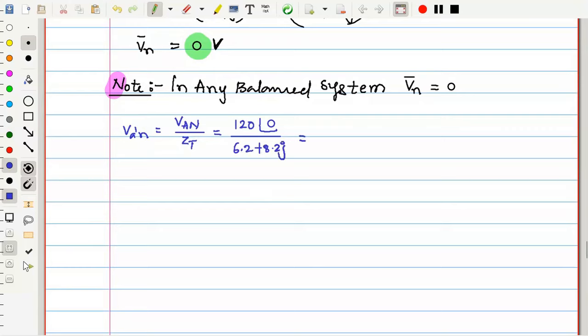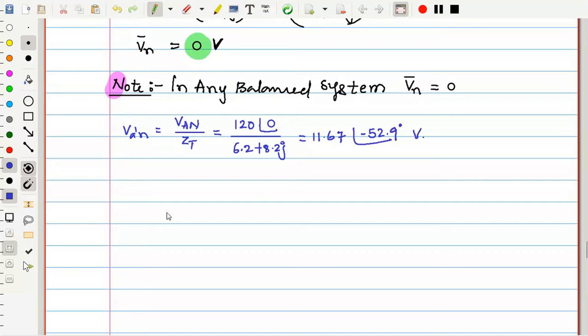How much is this value? 10.28 at an angle of minus 52.9.